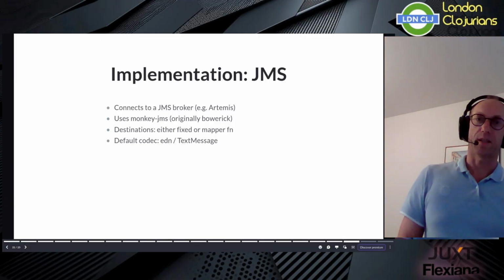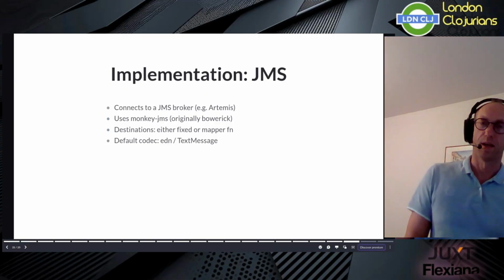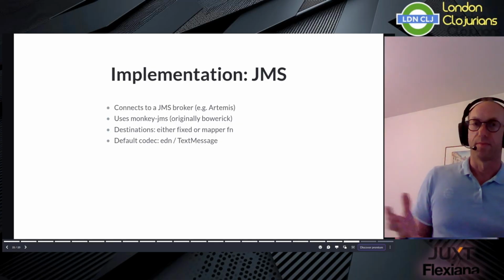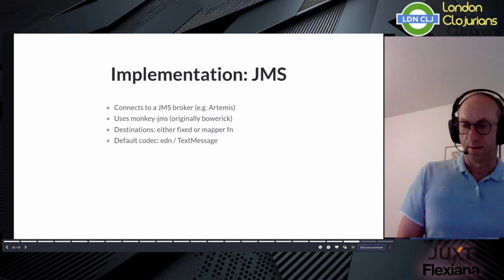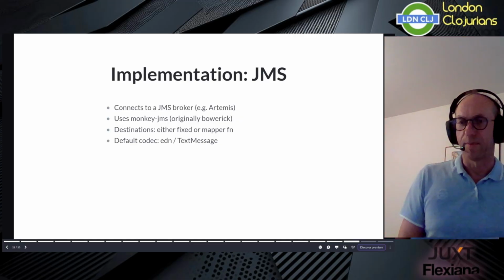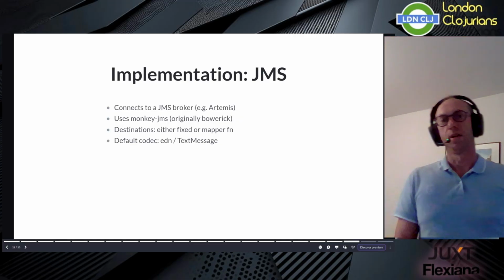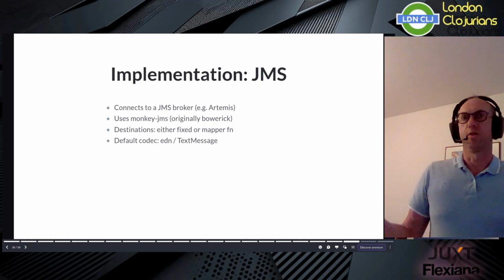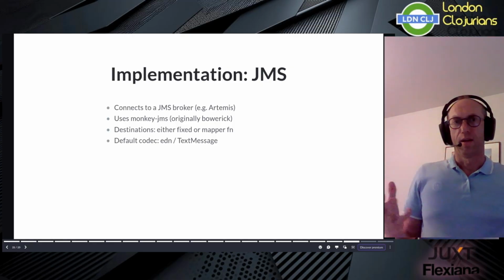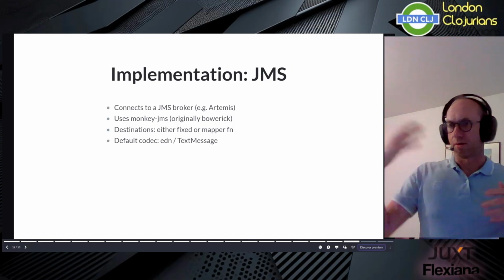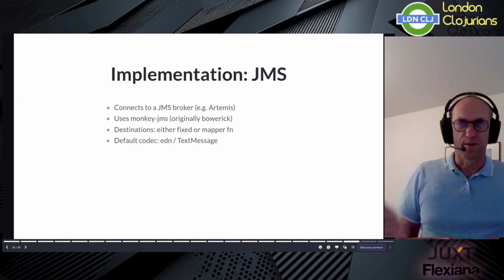We already saw that you can post events and register a listener, but real messaging systems are more complicated than that. They want to know, if you post a message, where will you post it? They have an idea of topics or subjects or queues or destinations, I don't know how you call them.